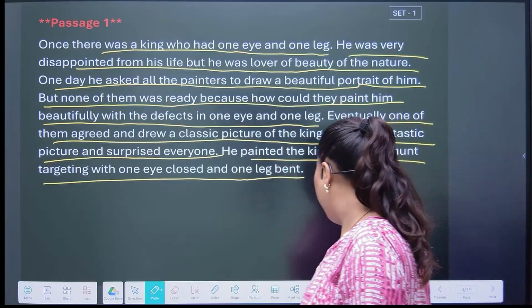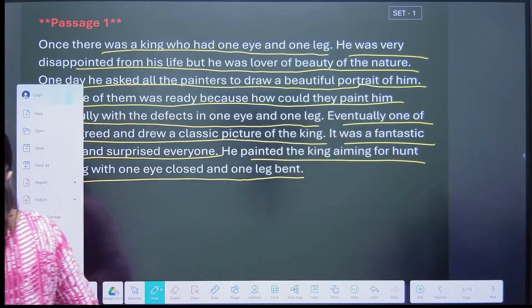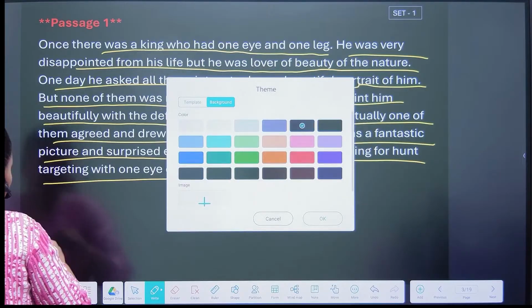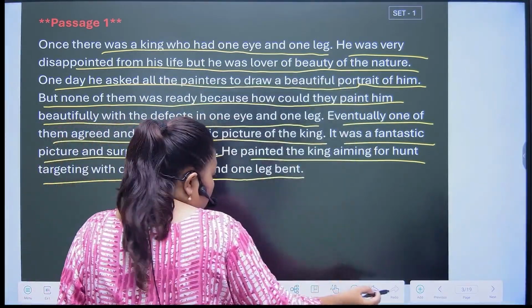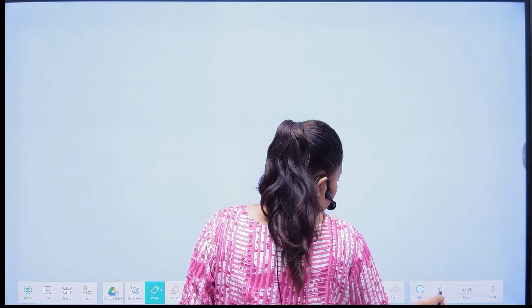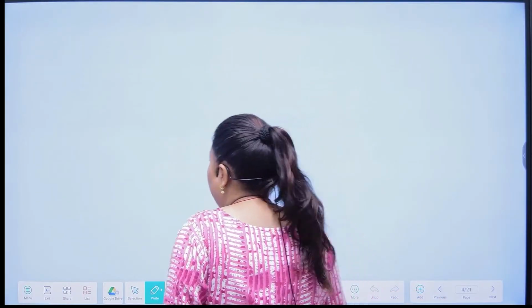So now we will learn some synonyms and antonyms of some words from this passage. Okay. So I am writing here. Write it down in your copy and learn these synonyms and antonyms. Okay. So the first word is disappointed.